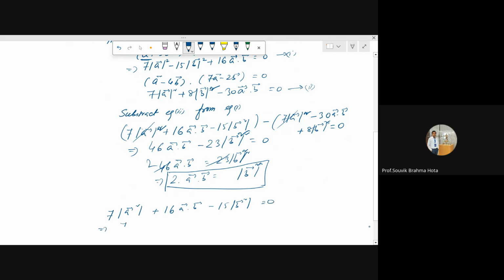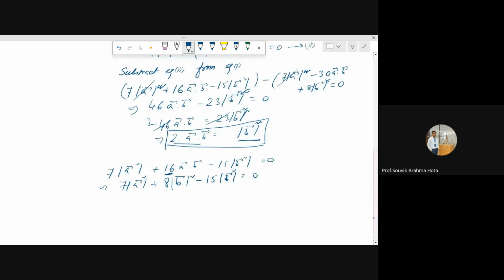Now just substitute. 16ab means you can do 8 into 2ab. So 2ab is what? b square. So 8b square, because 16ab is nothing but 8 into 2ab, and 2ab is this. So 8 into this, minus 15b square is equal to 0.